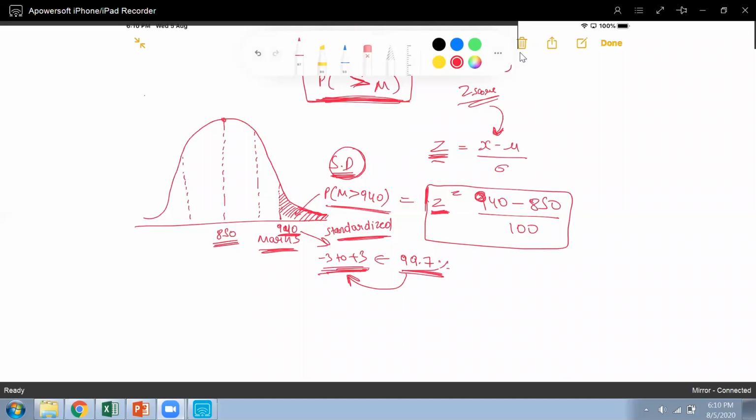Can you tell what is the answer of this? What is the z value that I am getting?